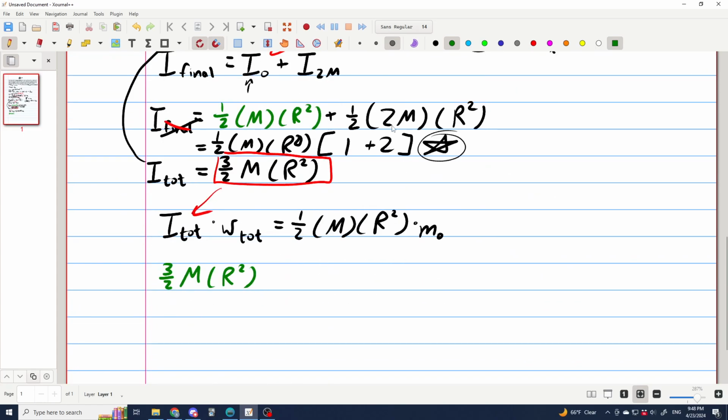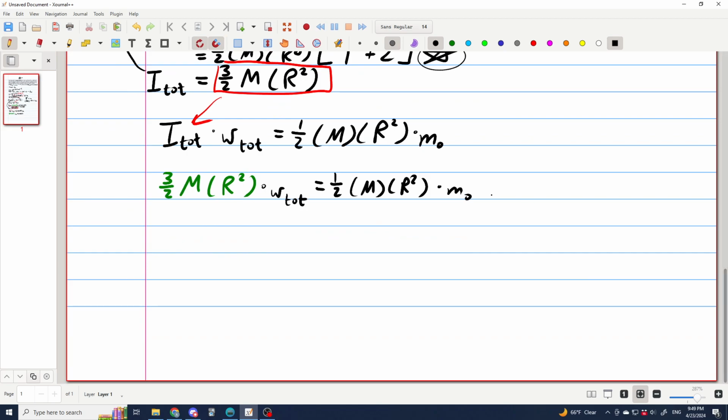All right, that's going to be times our final, or our total rotational speed. And then that's equal to 1/2 m r squared times the initial angular speed. All right, so this is, again, more algebra.